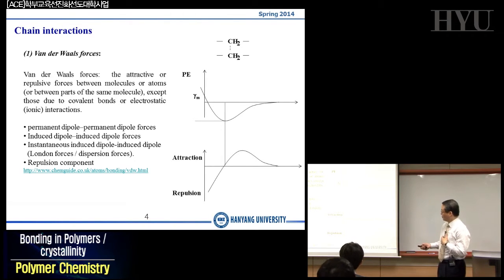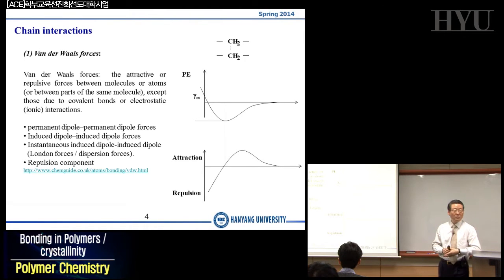And therefore, at this bond distance, your attraction and repulsion are balanced, whereas repulsion increases if you pack a little bit closer, and vice versa.